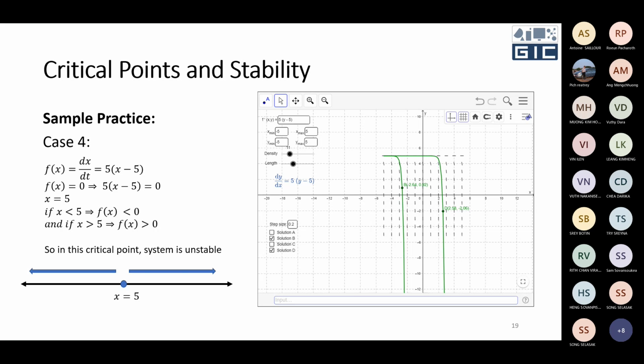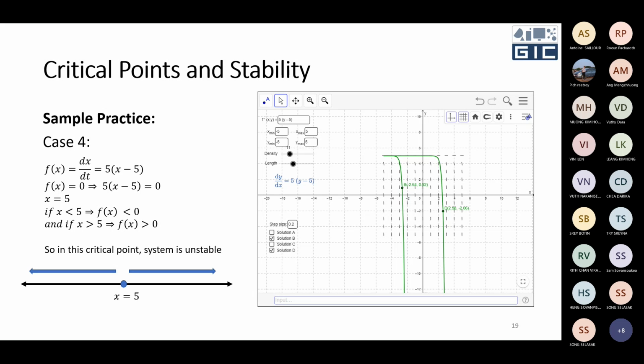Those kinds of things we can represent by a differential equation. But for this practical example, we try to solve something easy. So we assume that our system f(x) is represented by the equation 5 multiplied by x minus 5.